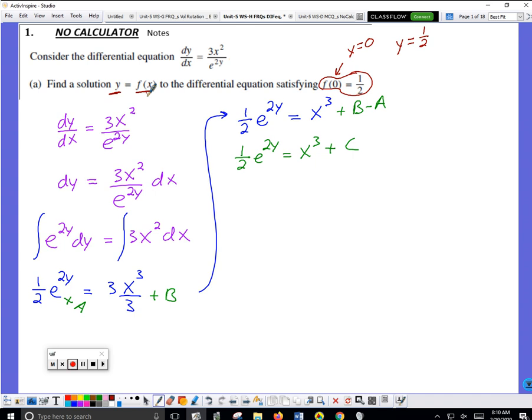But that equation is going to be written in such a way that if you plug in a 0 for x, you get a 1/2 for y. Knowing that allows me to solve for the constant. Because this equation has three unknowns, but I can plug in two of them. I can say when x is 0, y has to be 1/2. So I do that.